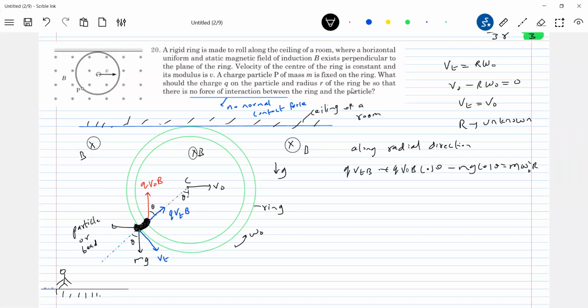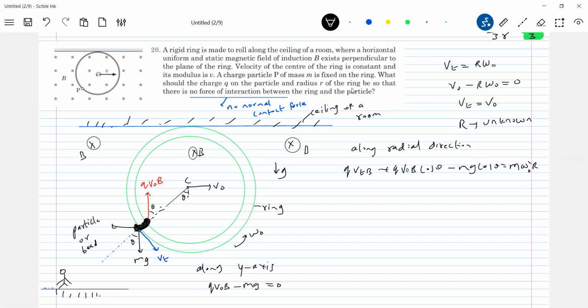Anything can we write about QV0B? It should balance mg along the y-axis. So QV0B along the y-axis for equilibrium.